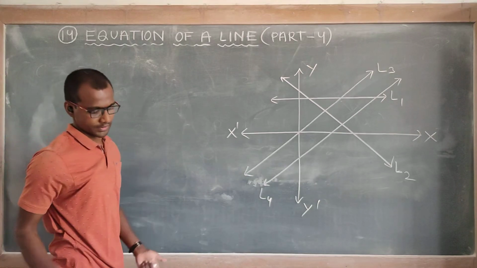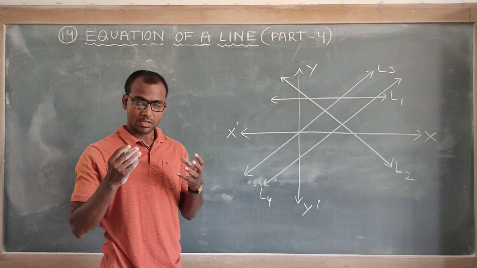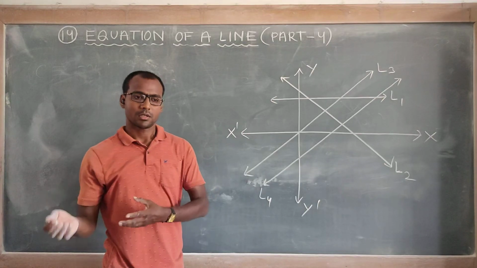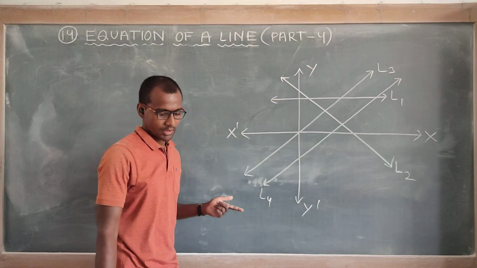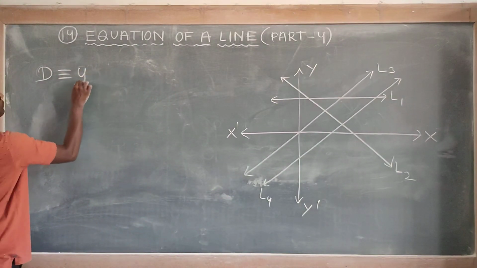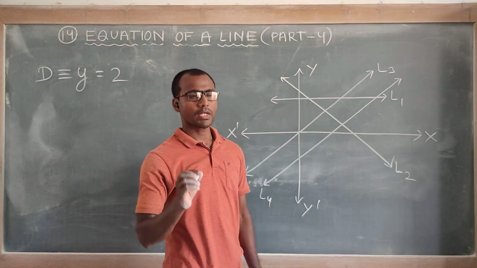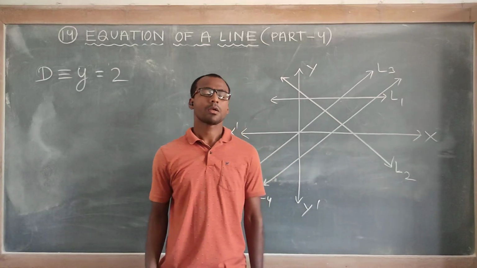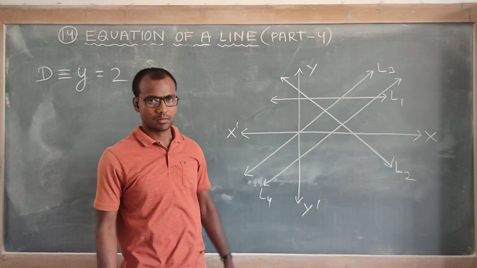Then the last option, we can easily match without even finding its slope, y intercept, etc. But still, last option is D: y is equal to 2. Now y is equal to 2 means y is equal to constant. Y equal to constant means any line parallel to the x-axis.